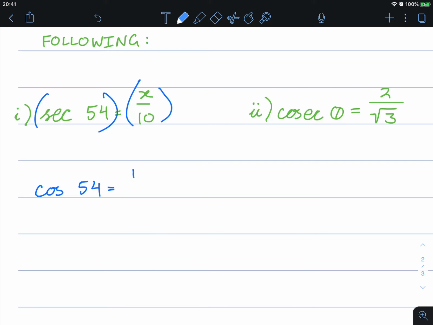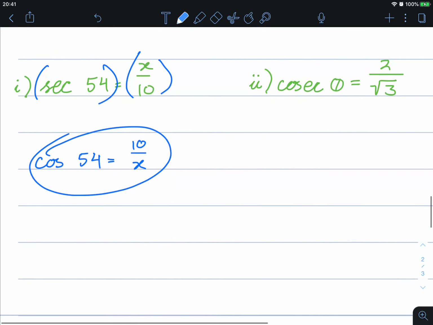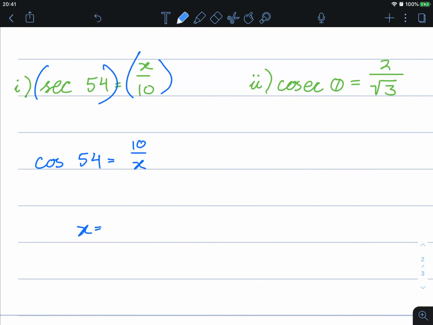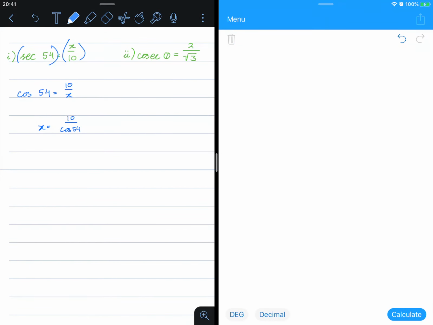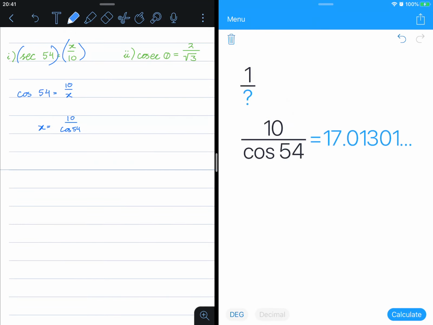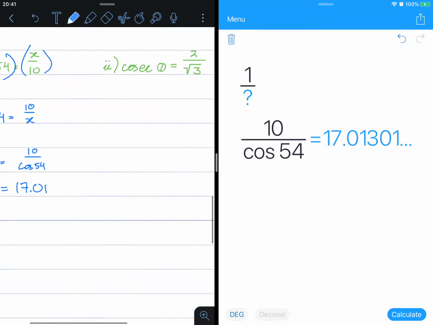So this is going to be 10 over x. We can solve this as per usual. So x is equal to 10 over cos 54. And we can solve this in our calculator. 10 over cos 54. That's 17.01, 2 decimal places.